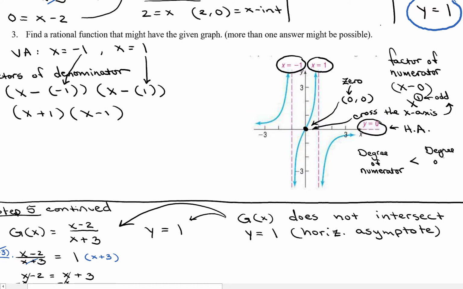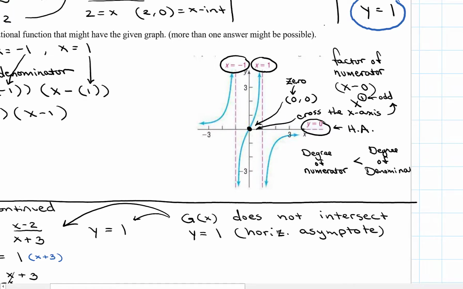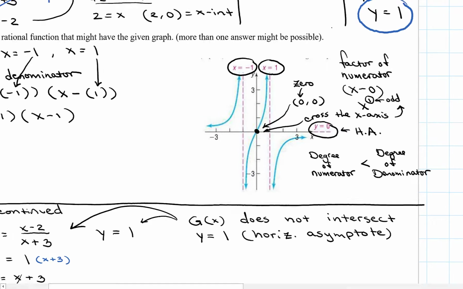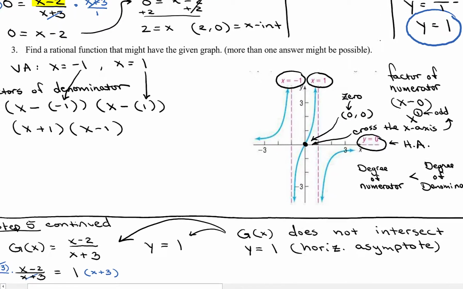This is review from 5.3 on how to graph rational functions, right? We were talking about those properties of graphing rational functions, and how to determine the horizontal and oblique asymptotes. And we said if the degree in the numerator is less than the degree of the denominator, then we would have a horizontal asymptote of y equal to 0.